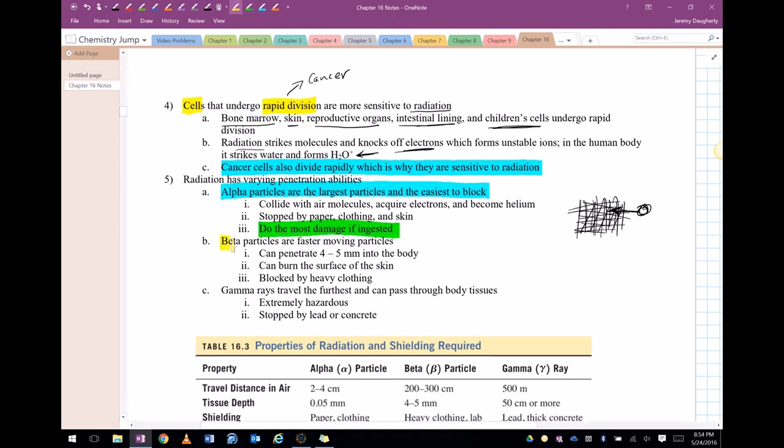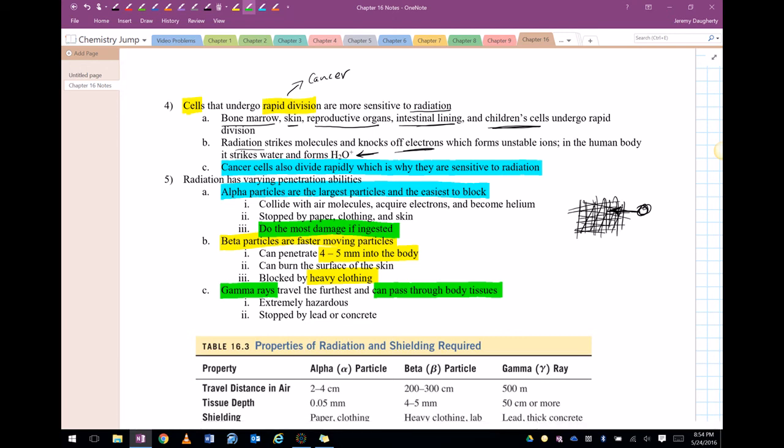Beta particle, a little bit smaller, a little bit faster. Now we can start to penetrate into the body, but basically you can block it with heavy clothing. So again, not a major concern. Now, the most dangerous is the gamma ray. The gamma ray is going to possibly pass straight through body tissue, and that's bad news, especially when it's able to knock off atoms from your cells.